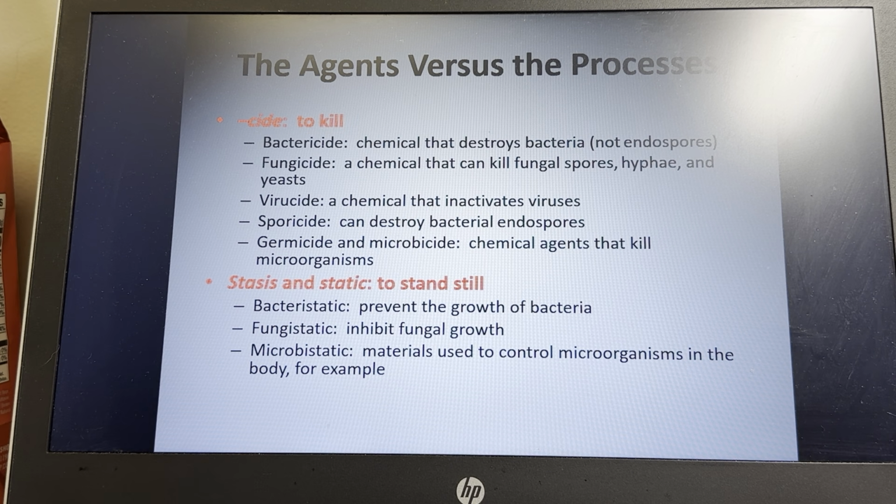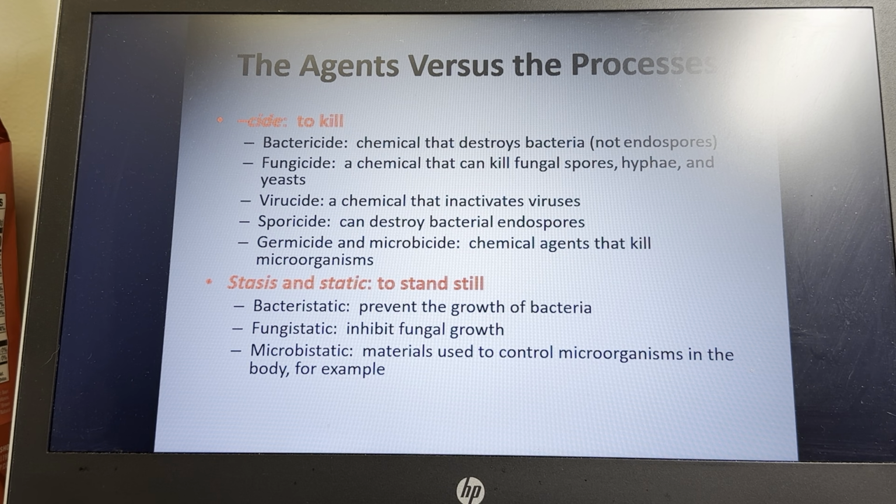Okay, and then when you see the suffix static, what that means is you're not killing everything, but you are preventing any further growth. So a bacteriostatic chemical will hold the bacteria at bay and prevent it from growing any further, but it doesn't kill it. Something that is fungistatic will inhibit or prevent further growth of fungi.